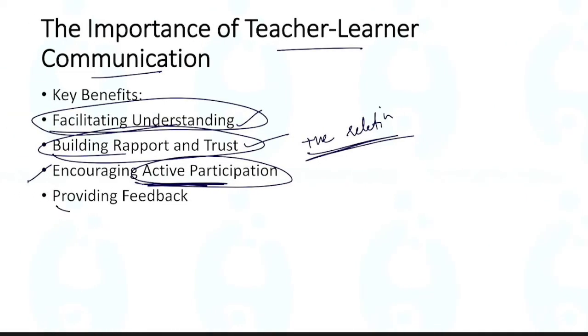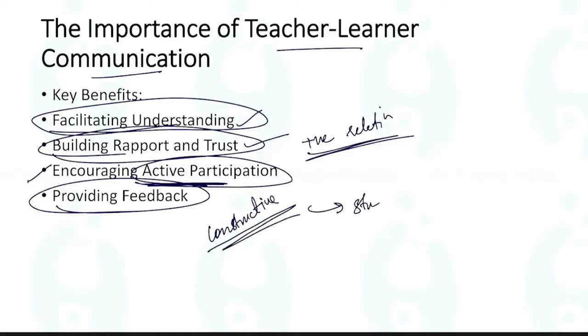Next one is providing feedback. Providing feedback is very much essential, because it helps the student understand their strengths and areas for improvement in their academic development, right? So if the teacher is able to give proper and good constructive feedback, not only feedback, it should be constructive, then that will help the students in improving.